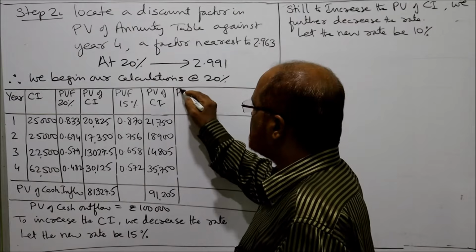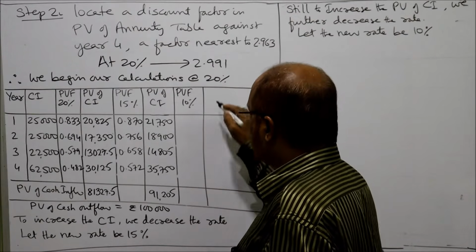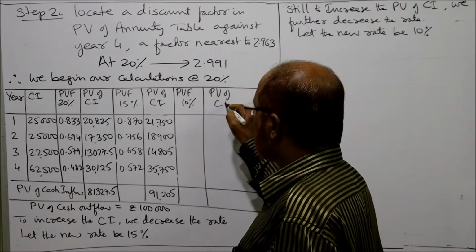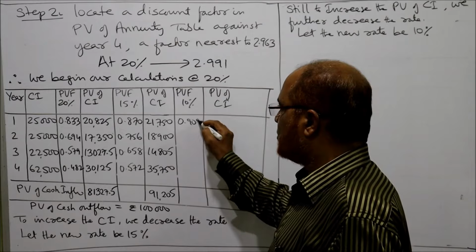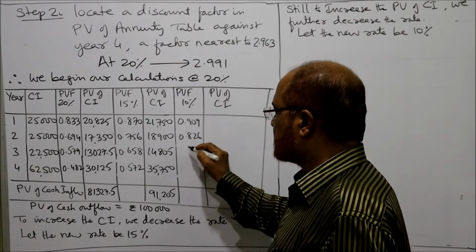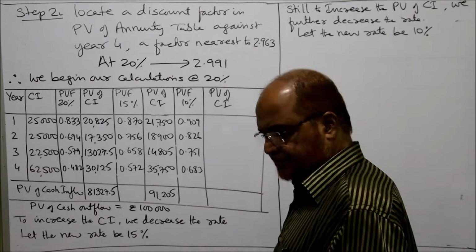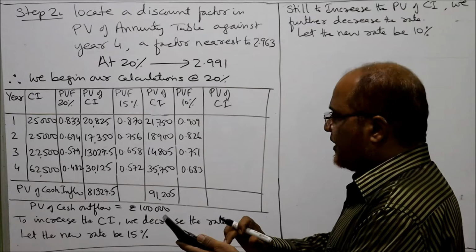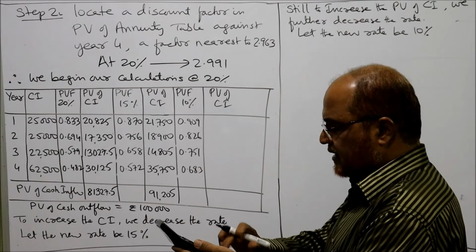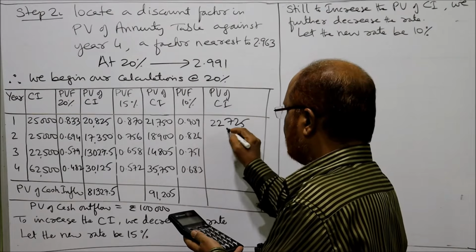So PV factors at the rate of 10% we will take, then PV of cash inflow, right? 10%: 0.909, 0.826, 0.751, 0.683. 25,000 into 0.909, we are getting 22,725.